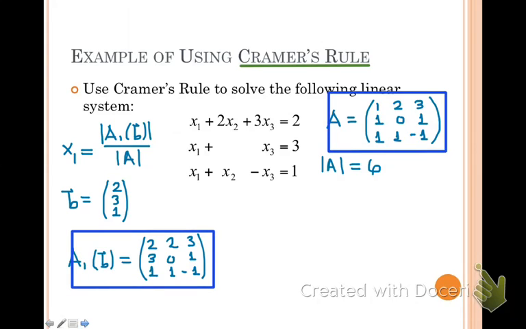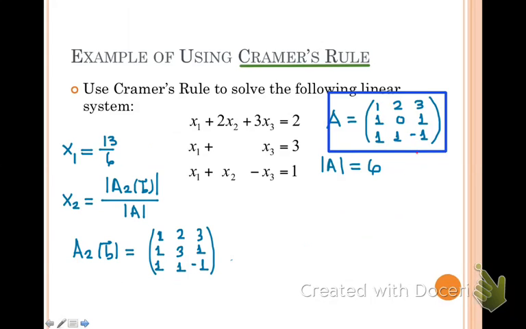Notice that A1B is the same thing as the matrix A, except that the first column of A has been replaced with the vector B. You can show on your own that the determinant of A1B is equal to 13. So now we know that x1 is the determinant of A1B, which is 13, divided by the determinant, 6.